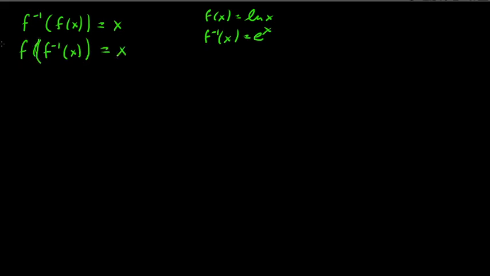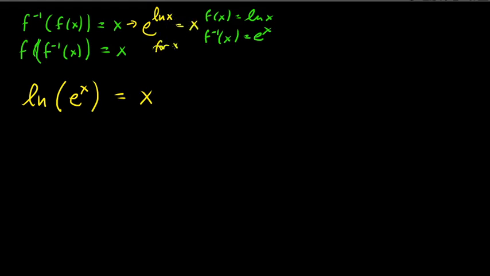So what does that say here? It says that if we take the natural log of e to the x, we just get x. This version up here just says that if you take e to the natural log of x, you also just get back x. Of course, this is for positive x, and this is for any x. This is true for any real number x.